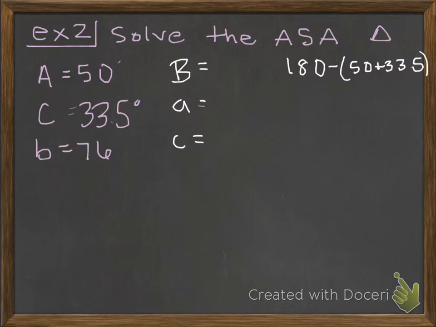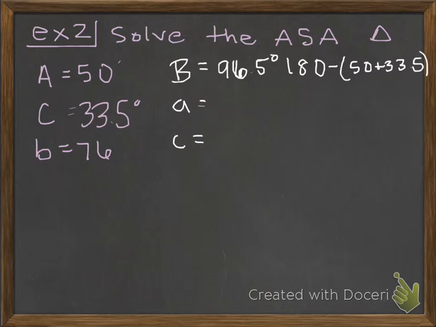After I add 50 and 33.5 and subtract it from 180, we will get 96.5 degrees. And now that I know this angle B, I have the matching side and angle, so I can use that in the proportion.